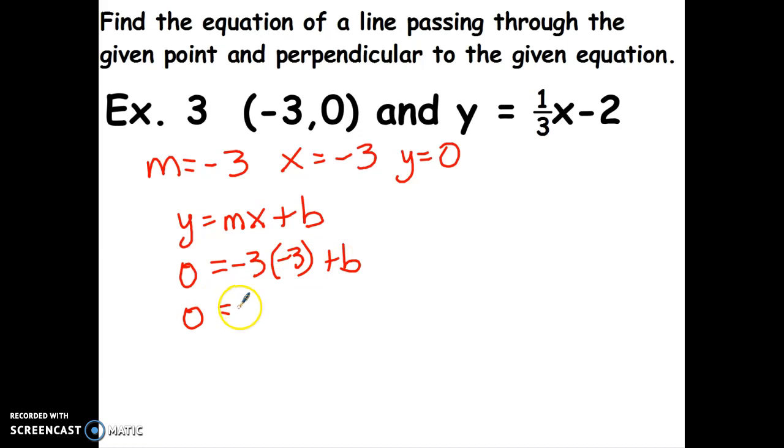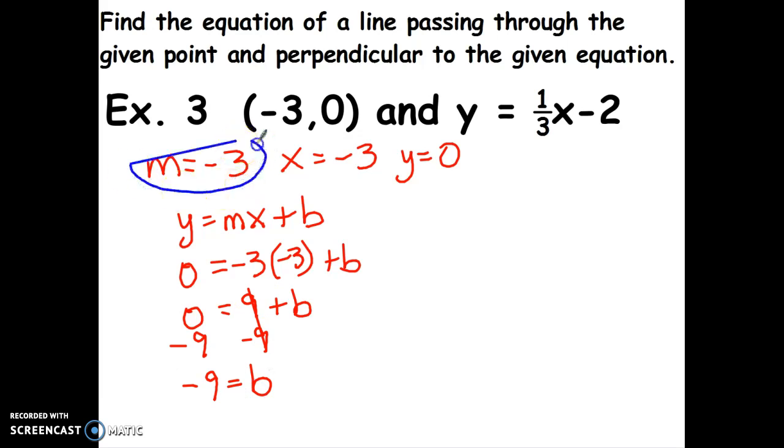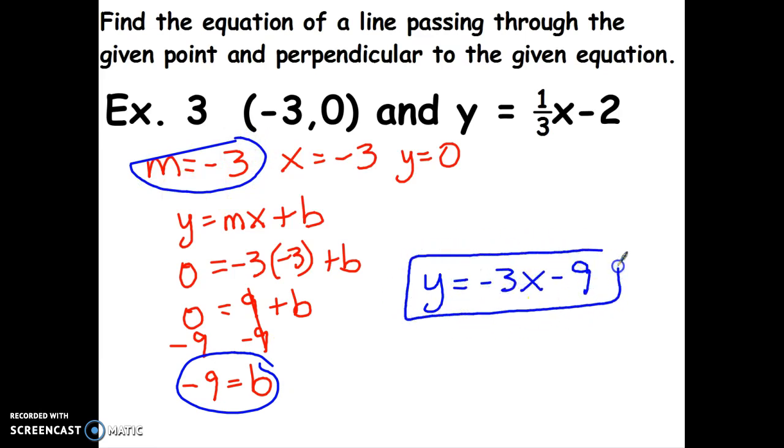All right, -3 times -3 is 9. Subtract 9 on both sides. So b equals -9. So y equals -3x minus 9. This equation is perpendicular to this equation.